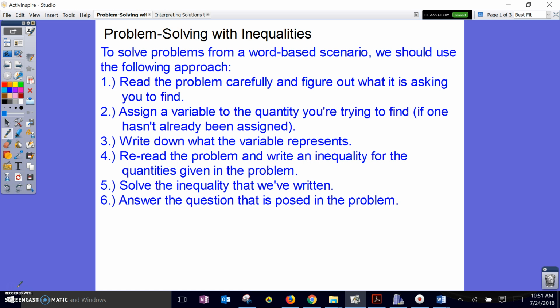Then we want to reread the problem, and we want to write an inequality based off of the quantities that were given in the problem, using our common sense and our experiences to take the words that are in the problem and break them down into something that we can write as an inequality. Then we're going to solve the inequality, and we're going to make sure we answer the question. So that's the process. So let's look at a couple of problems here quickly.